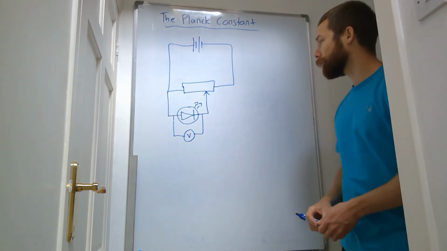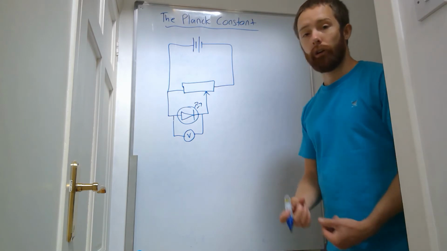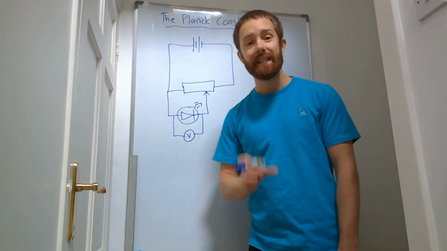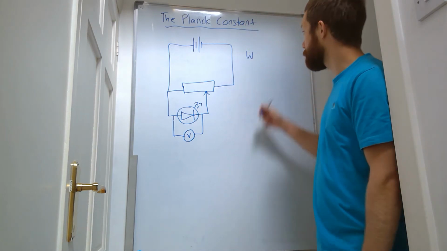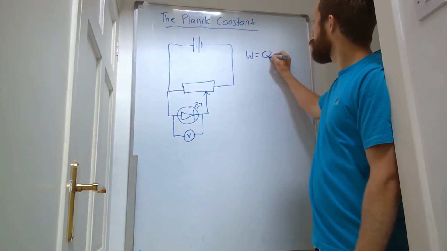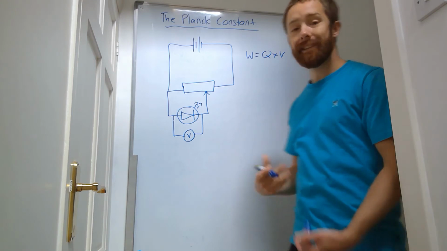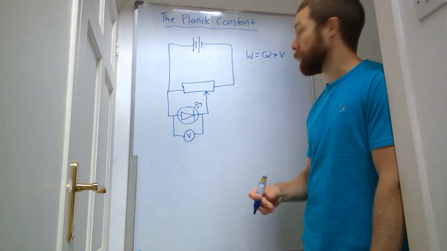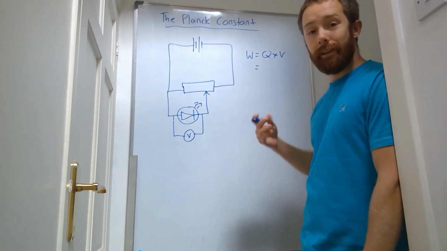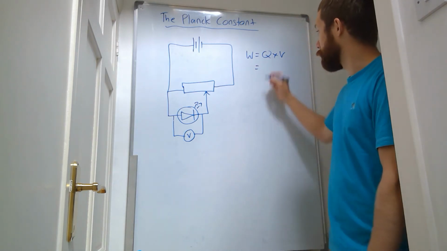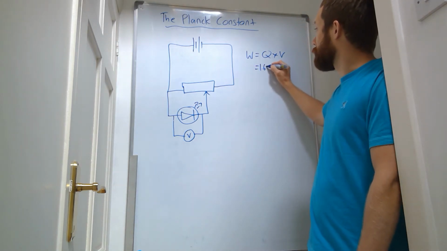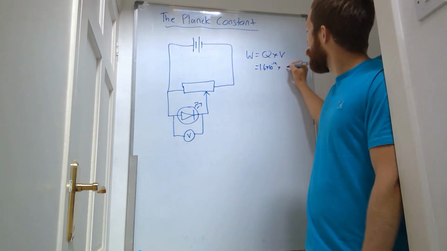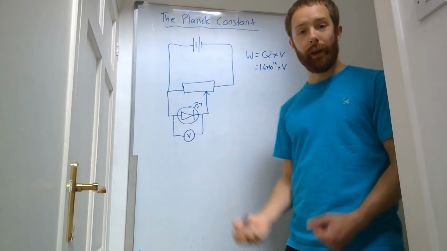Okay, so if we look at our equations, we're going to say that the work done by each electron, so the work done is charge times voltage. As an electron goes through this LED, the work done by that electron is equal to the charge on one electron, which is 1.6 times 10 to the minus 19, multiplied by the voltage that we have across here.